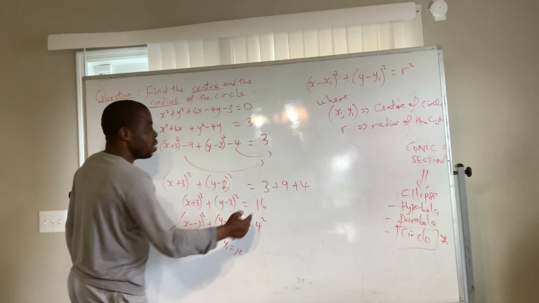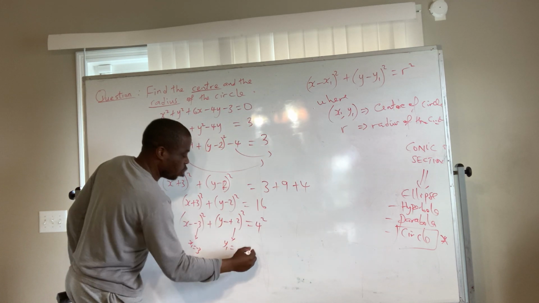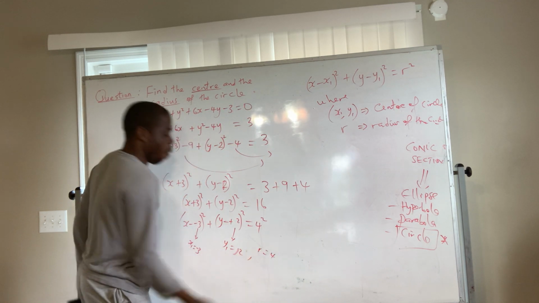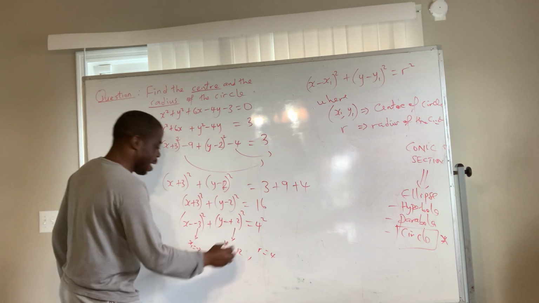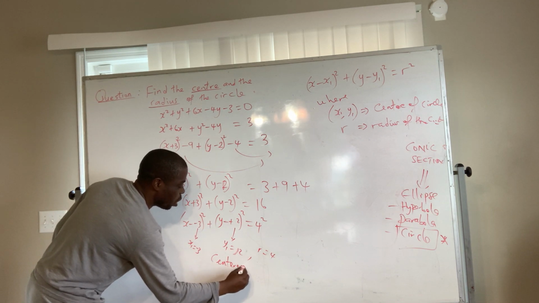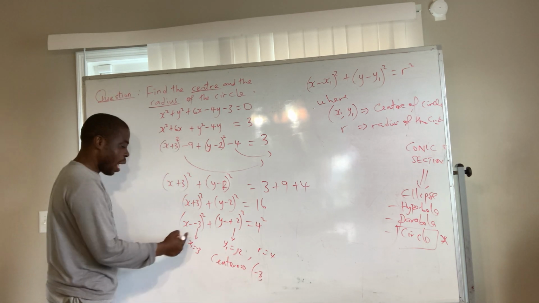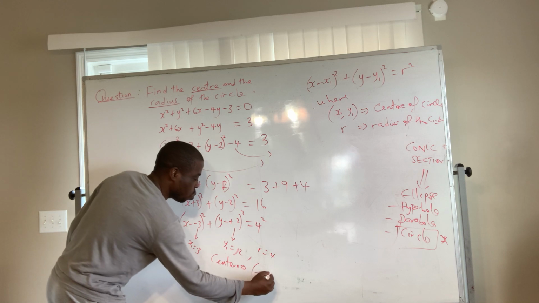And r squared is 4 squared. So your r is 4. So you can say here that the center of this circle is the point x1, which is -3, and y1, 2.